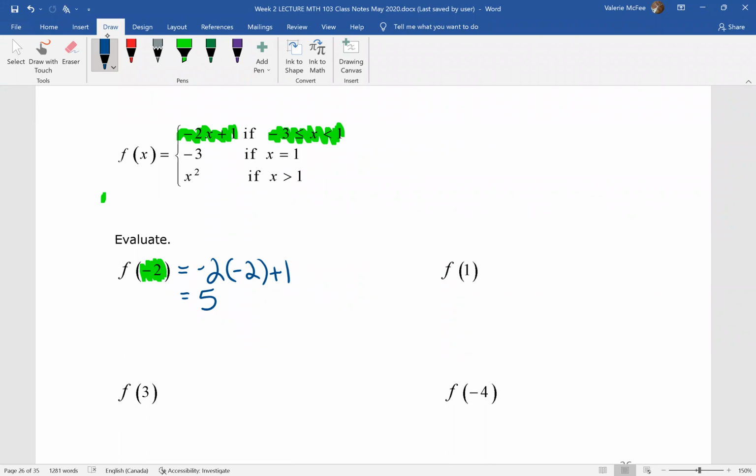Evaluate the f of 1. The f of 1 is here, where x equals 1. Again, there's no equation. It's simply -3.